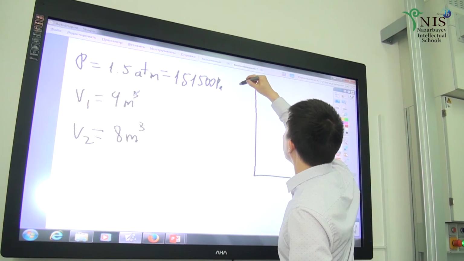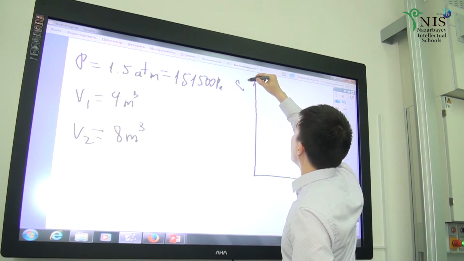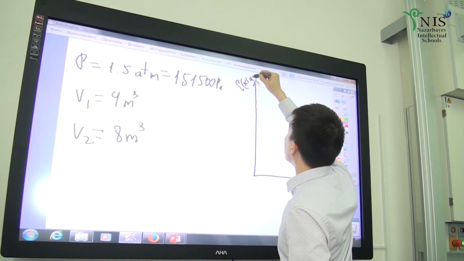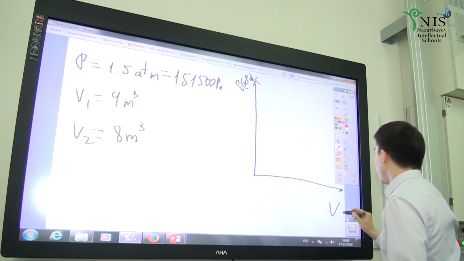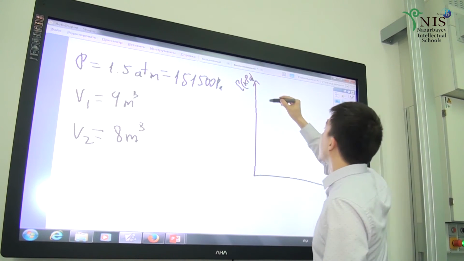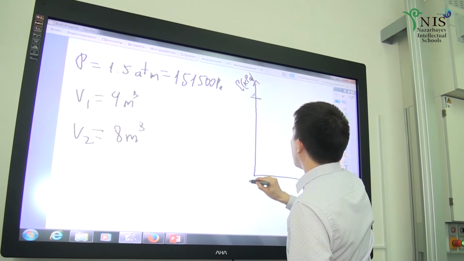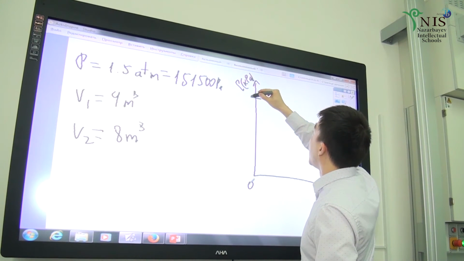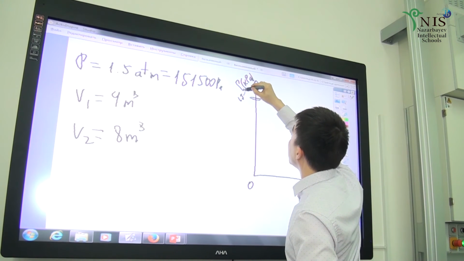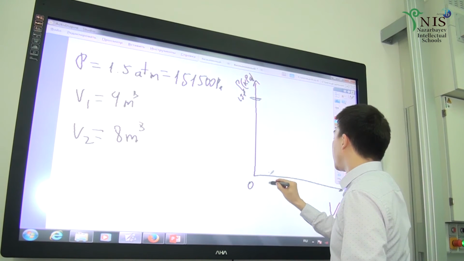So now we have a graph of pressure versus volume. The unit I will choose is kilopascal, and volume in meter cube. I will just choose one line that I will write as equal to 151 kilopascal for the pressure.